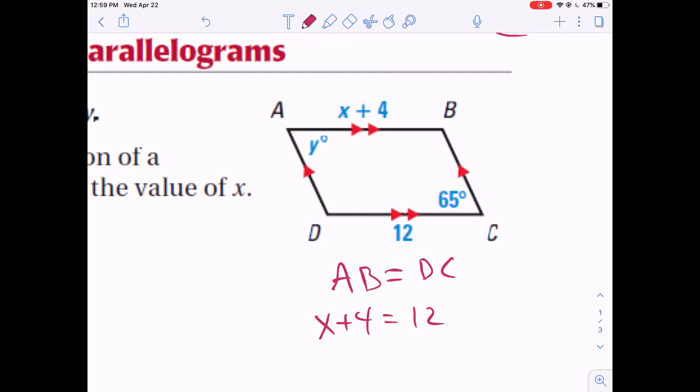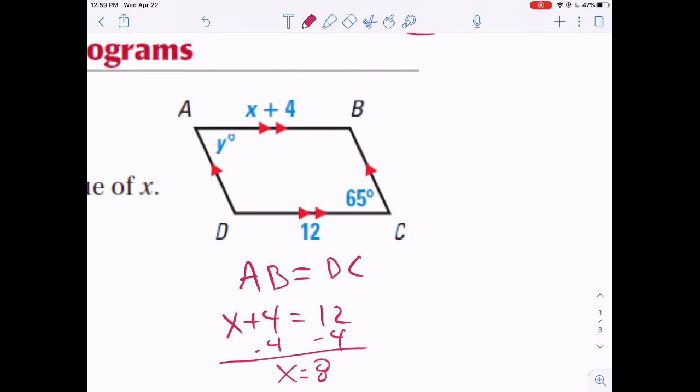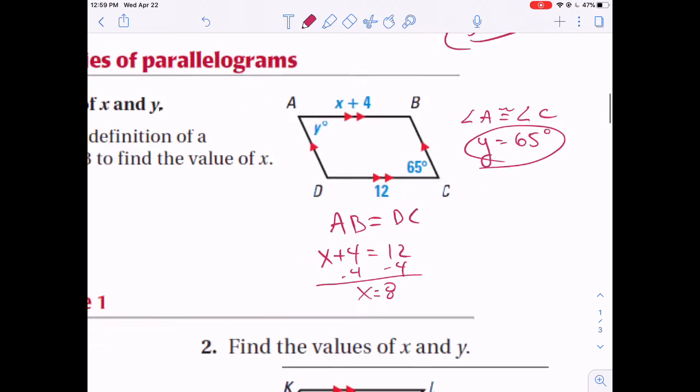There's my equation. I'll subtract 4 from both sides, and x equals 8. For y, or the angles, we know that opposite angles are equal, so angle A is congruent to angle C. Angle A is y, and C is 65, so there's the answer for y right away. The math's not too tough for these. You just have to know how to apply the theorems.